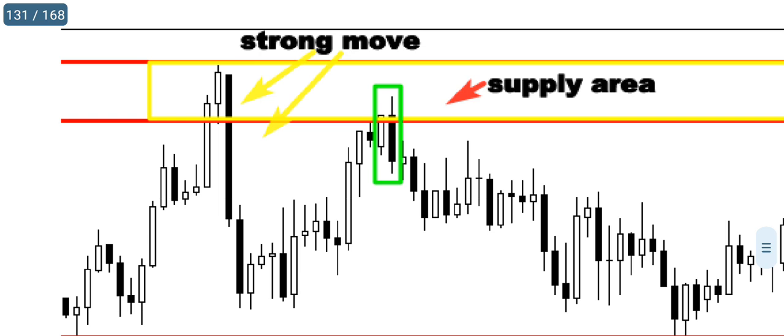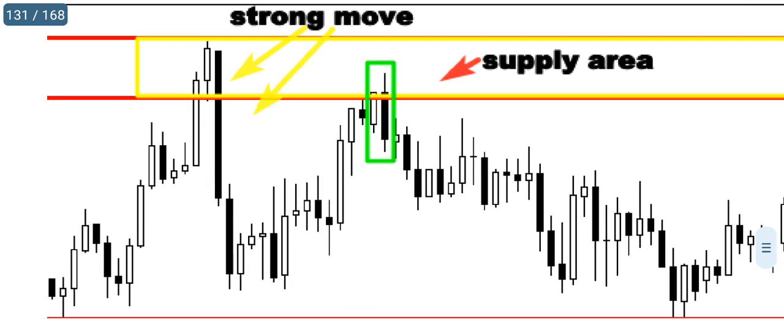So here we have the supply area and the demand zones in a forex market. Of course, the supply area or zone is created by the sellers.